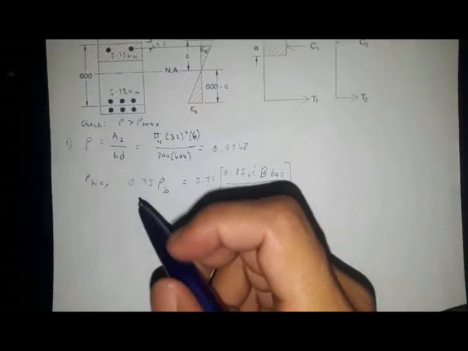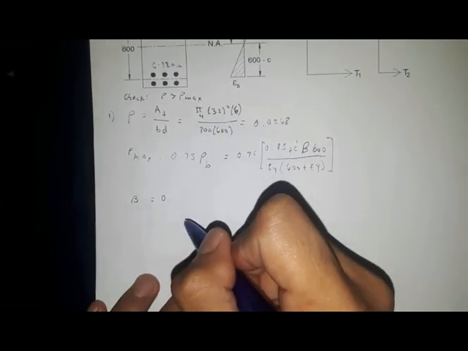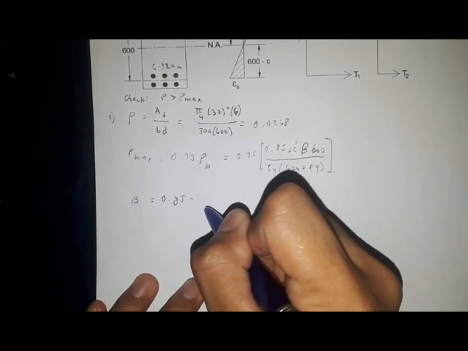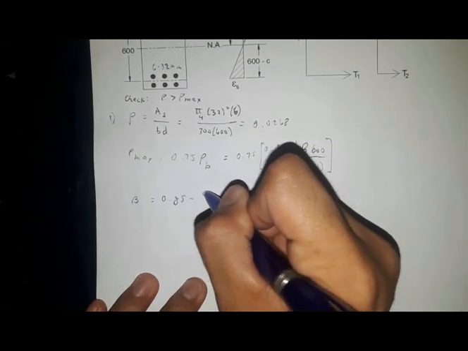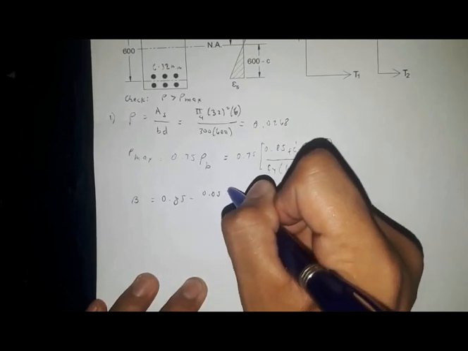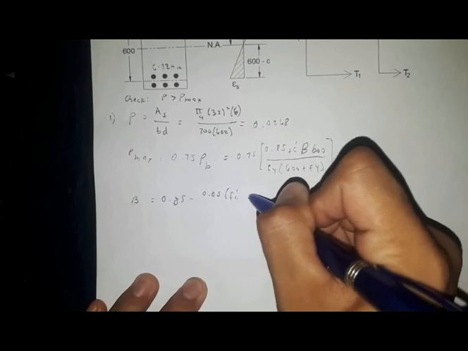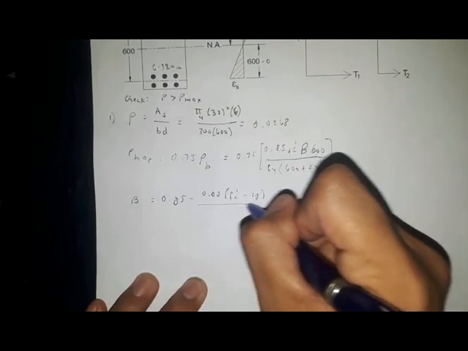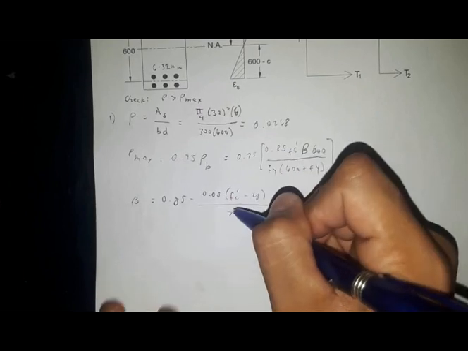So, let's get the beta factor. Beta is equal to 0.85 minus 0.05 multiplied by FC prime minus 28 over 7.